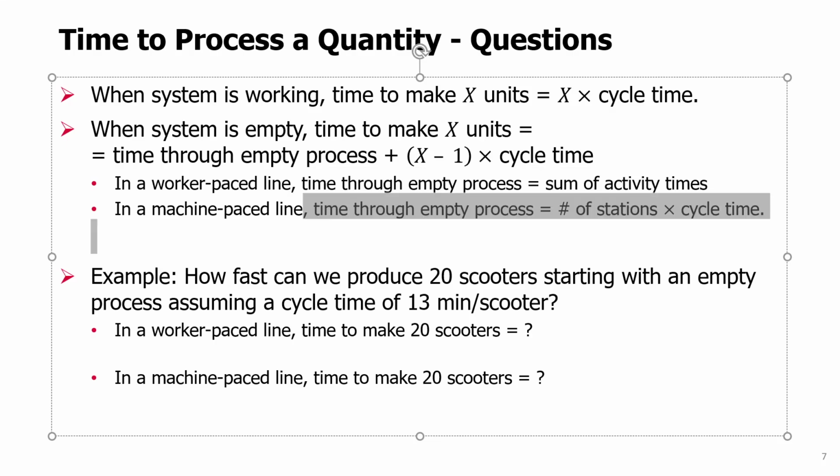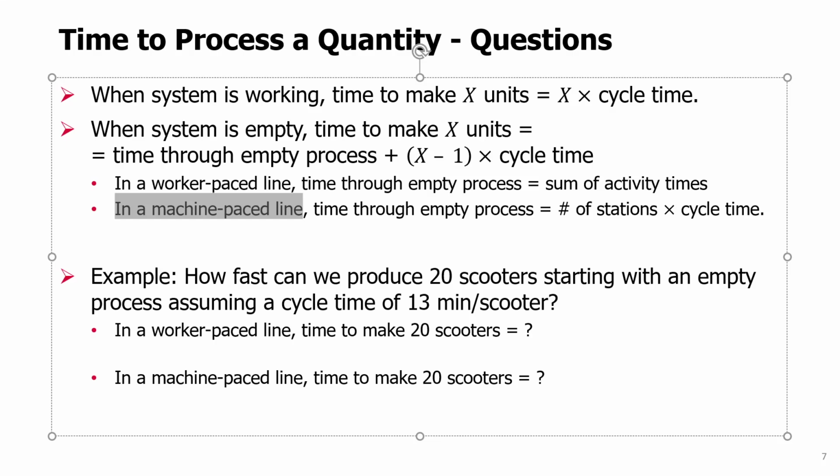In machine-based lines, when we have some kind of automatic mechanism to move products forward, let's say in long assembly lines like car manufacturing, usually those machine-based lines move the products on each station forward every cycle time, whatever cycle time is there.